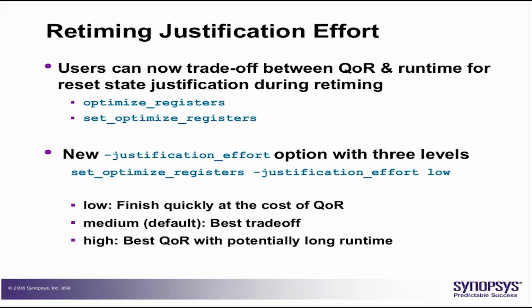If register retiming is enabled, your runtime will be much more compared to the default compile flow. If you say low, then DC will finish quickly at the cost of the quality not being that great. You could use medium, which is the default. It has the best trade-off of QoR and runtime. If you set it to high, it has potentially longer runtime compared to low and medium, right?